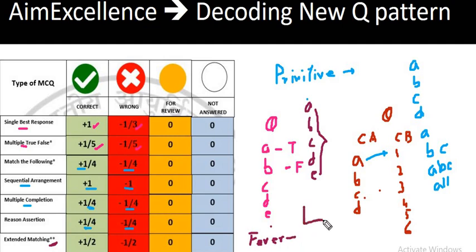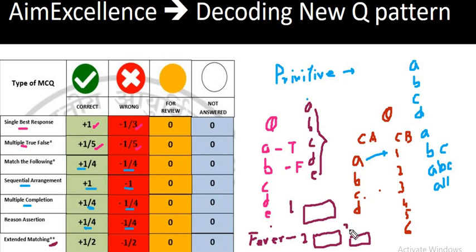It is actually USMLE pattern, 2 or 3 multiple case scenarios. It can vary, it can be 3 or 4 also.